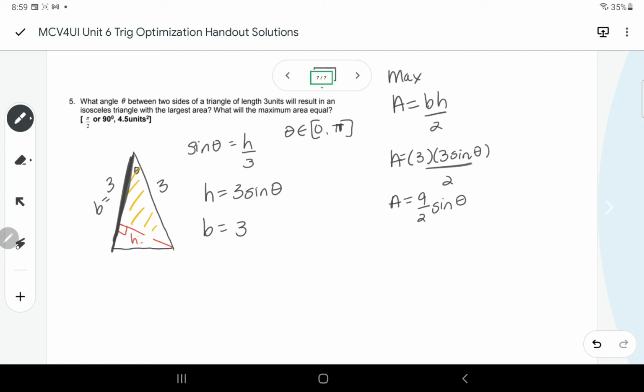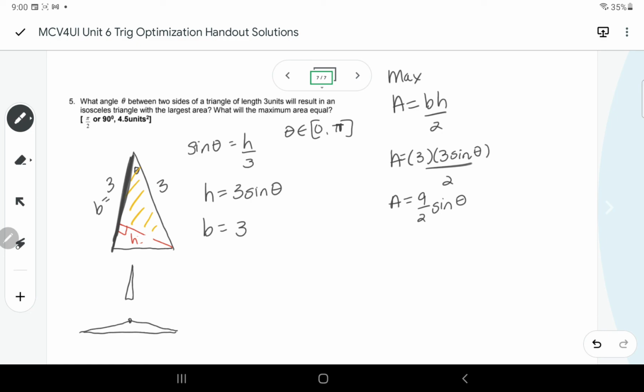If it was 0, you would have an area of 0, and if it was pi, it would be flattened out and not even really an isosceles triangle. But imagine if it was almost pi, like that. Those are kind of our limits of where this could be. So neither of these are looking like great isosceles triangles to maximize area.